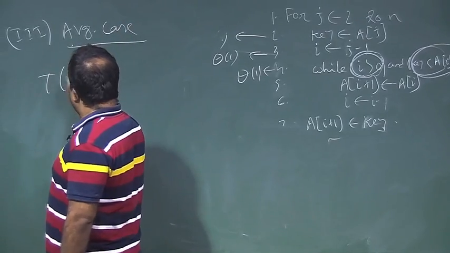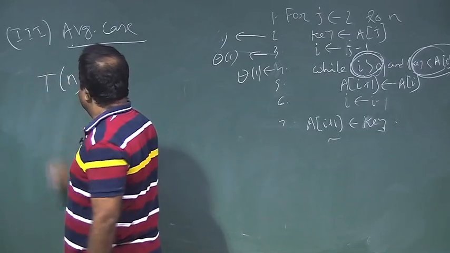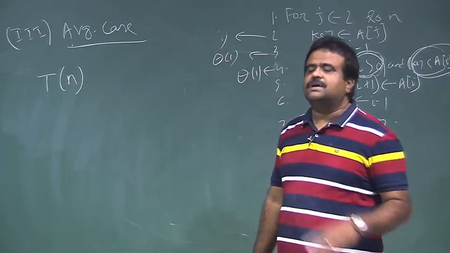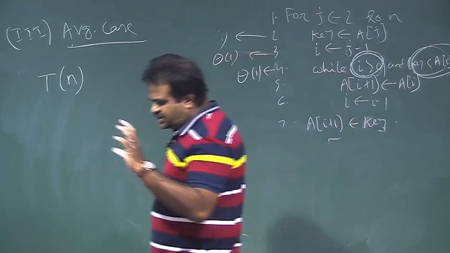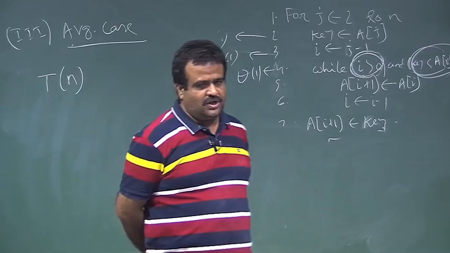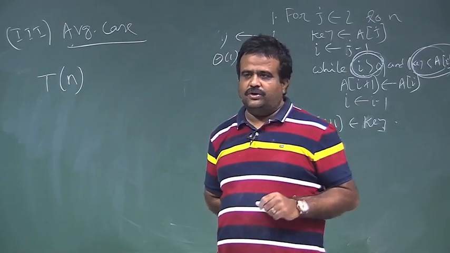When we do the average case analysis for any algorithm, we must have some randomized algorithm. That means we must choose the input with some randomization. We will talk about this in more detail when we talk about randomized quick sort.